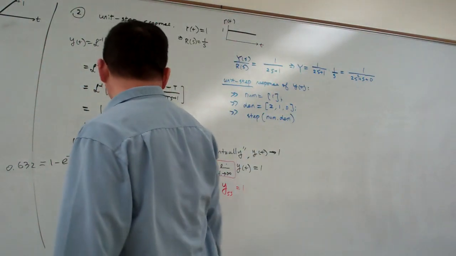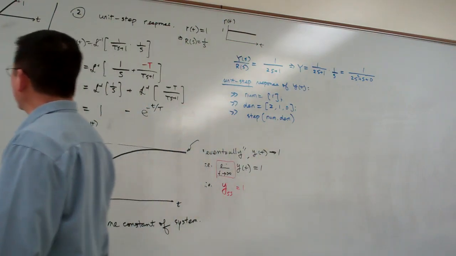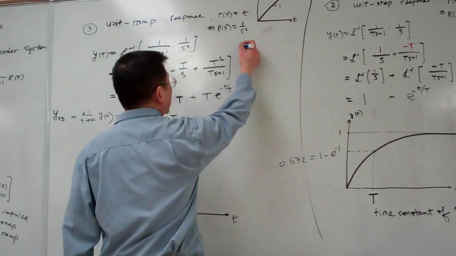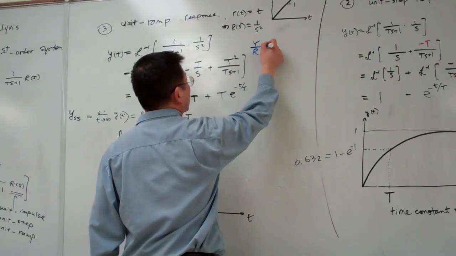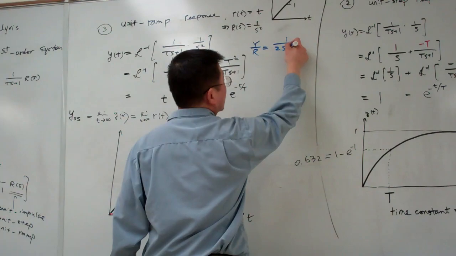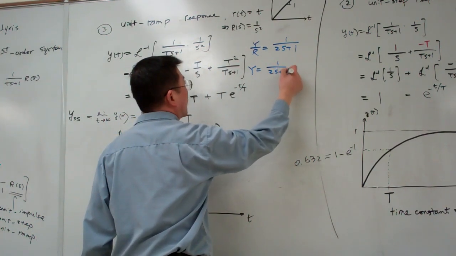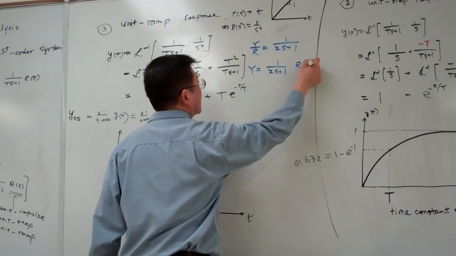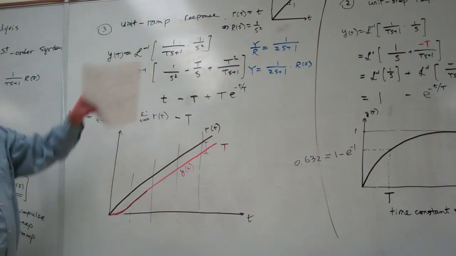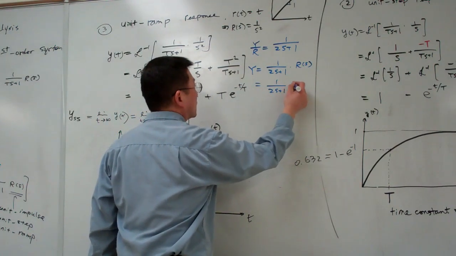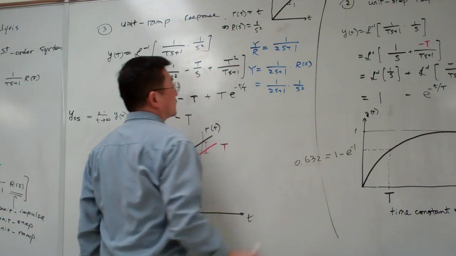And for the unit ramp, let's see how we can do it. Using the same example, Y over R equal to 2s plus 1, so Y equal to (2s plus 1) times R, where R(s) equals 1 over s squared. So (2s plus 1) times 1 over s squared.